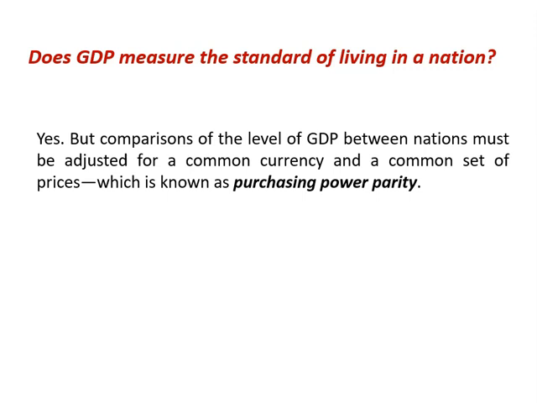The IMF, which calculates a measure of PPP, wrote that to understand PPP, let's take a commonly used example: the price of a hamburger. If a hamburger is selling in London for £2 and in New York for $4, this would imply a PPP exchange rate of £1 to $2.